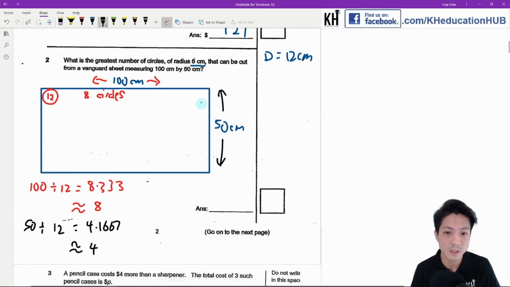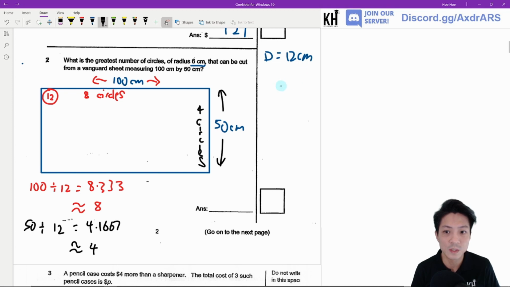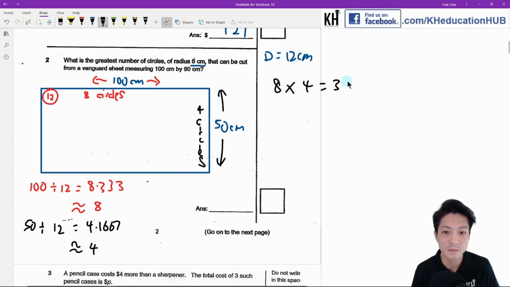So across the breadth, I can only fit 4 circles. To find the greatest number, I'm just gonna use 8 multiplied by 4, which is 32. 8 across the length and 4 across the breadth.